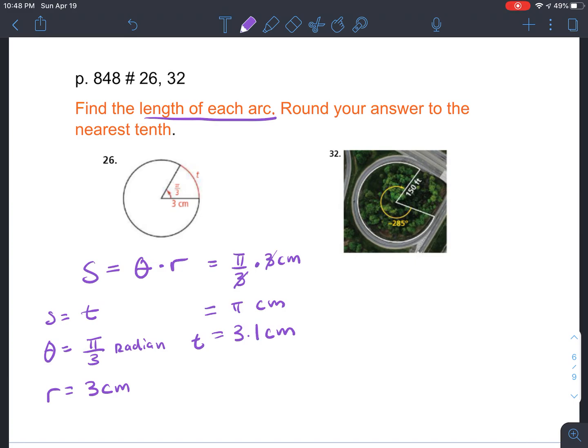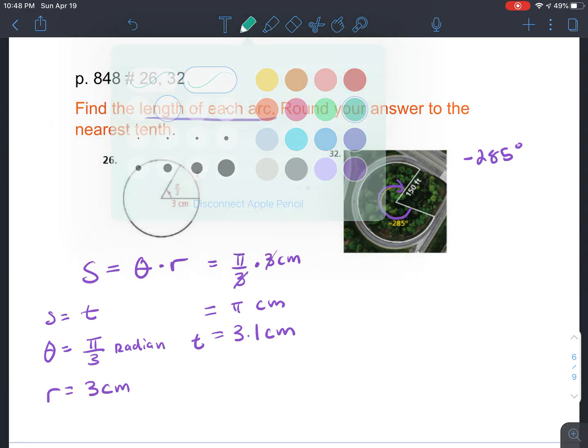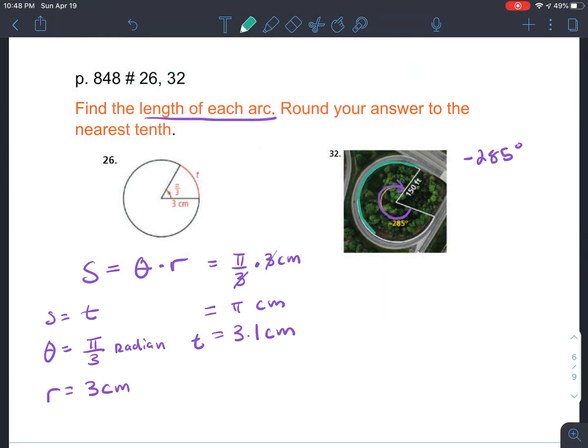Now let's take a look at the second one. In the second one, they give us a negative angle measurement of negative 285 degrees. And they want us to find the length of the arc on the outside, the major arc, this one right here. Okay, because that is the one that corresponds with this angle. Okay, so what's the first thing we have to do? Well, we have to make sure my angle measurement is in terms of radians, not degrees.